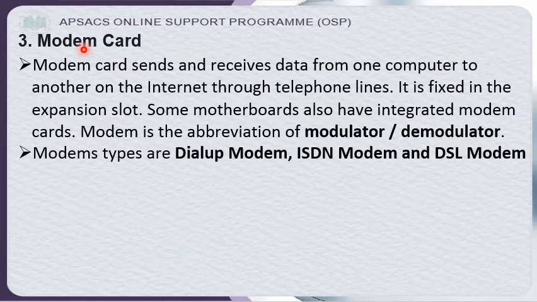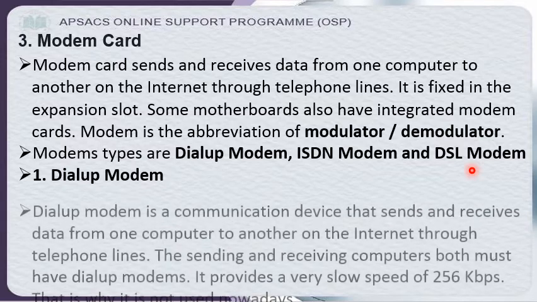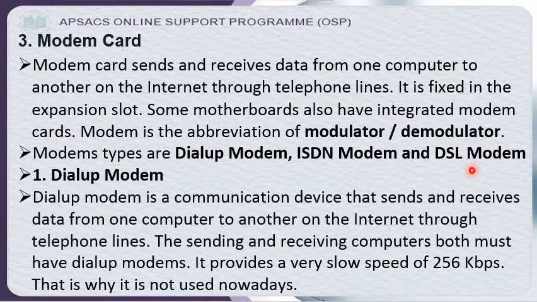There are three types of modem, which are dial-up modem, ISDN modem, and DSL modem. First one, dial-up modem. Dial-up means, if you remember, in an old modem we had to connect through a specific number.